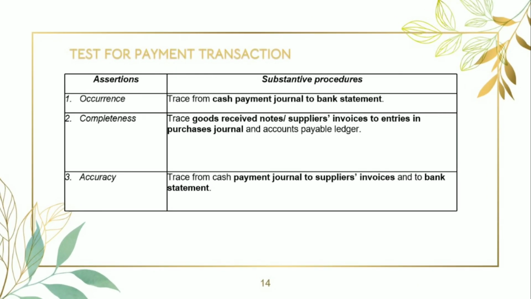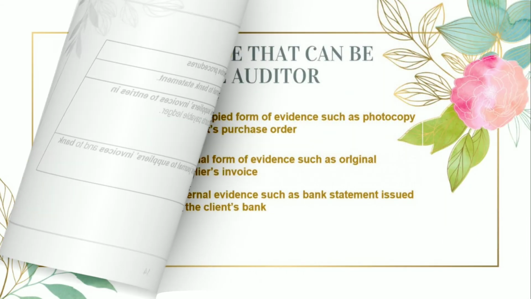Okay, the test for payment transactions. For occurrence, trace from the cash payment journal to the bank statement. For completeness, trace goods received notes and supplier invoices to the entry in the purchase journal and accounts payable ledger. For accuracy, trace from the cash payment journal to the supplier invoice and to the bank statement.